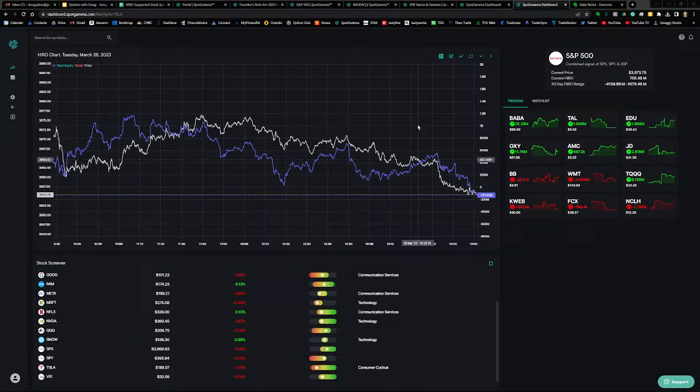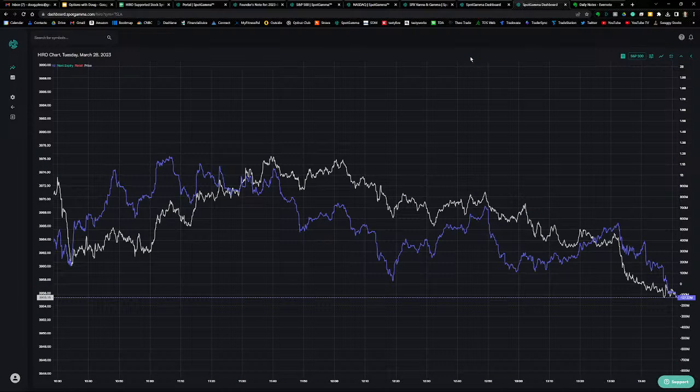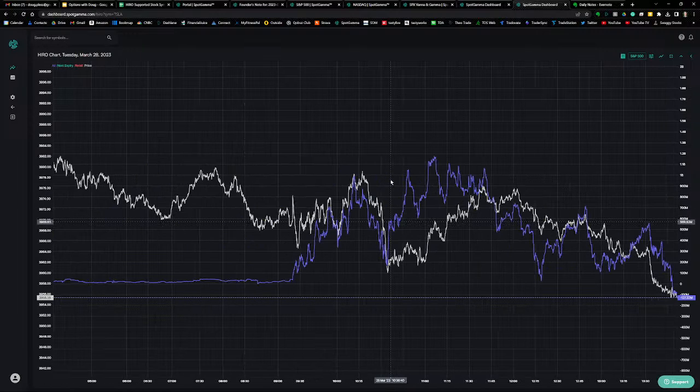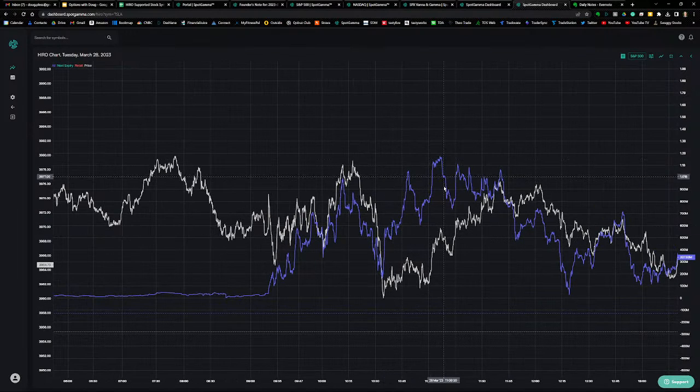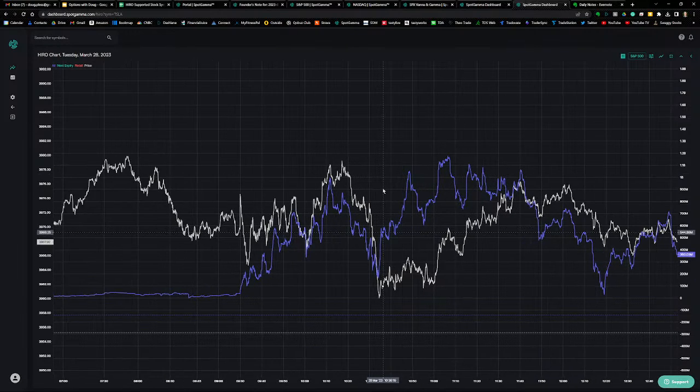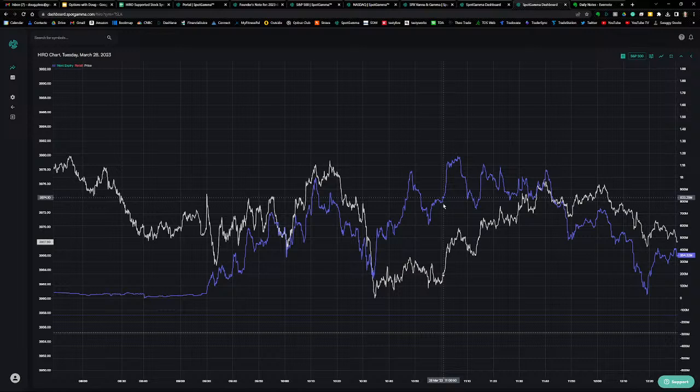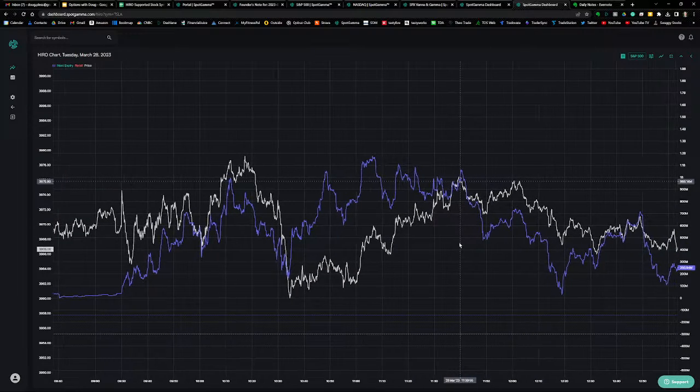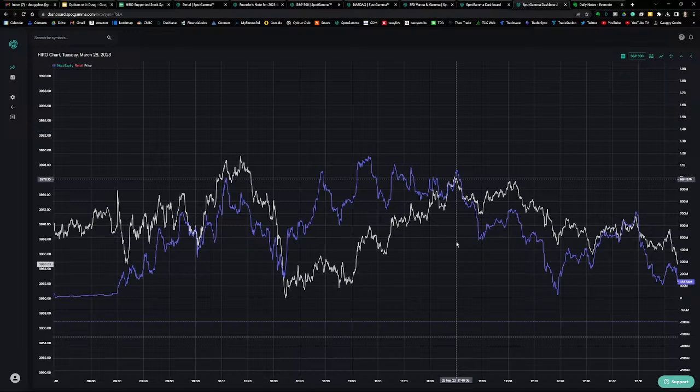HERO is shown with a purple line, and a falling HERO indicates traders are taking negative delta positions, and a rising line indicates traders are taking positive delta positions. So this HERO in the morning here led to several good setups.